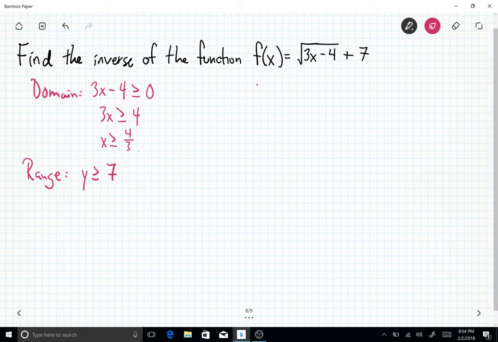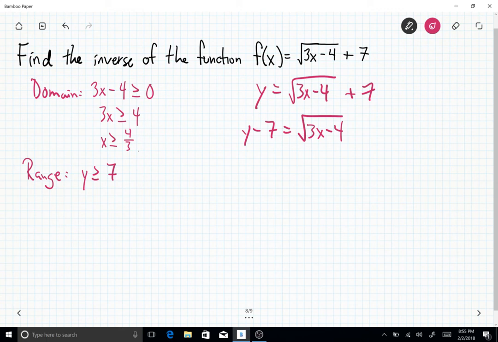So finding the inverse, remember we set y equal to the square root of 3x minus 4 plus 7. And then we go y minus 7 equals the square root of 3x minus 4. Then you need to square both sides to get rid of that square root. You get y minus 7, the quantity squared, equals 3x minus 4. But technically, when we square both sides, we've added in this extraneous root. So that's where we're going to have to come back and tie in the domain and range.